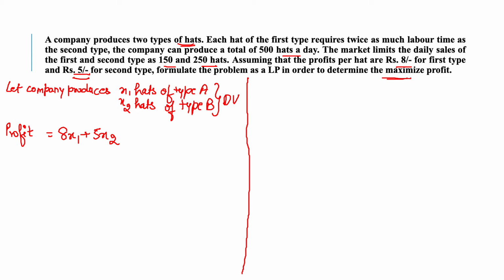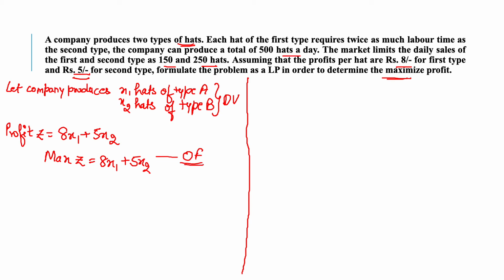So in total our profit is 8x1 plus 5x2. Now objective function is to maximize our profit. I denote profit with Z. So maximize Z is my objective. So this is my objective function.